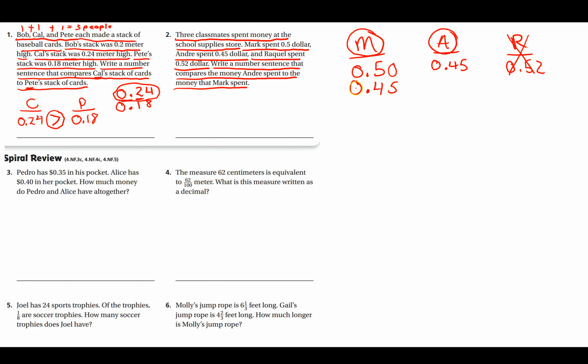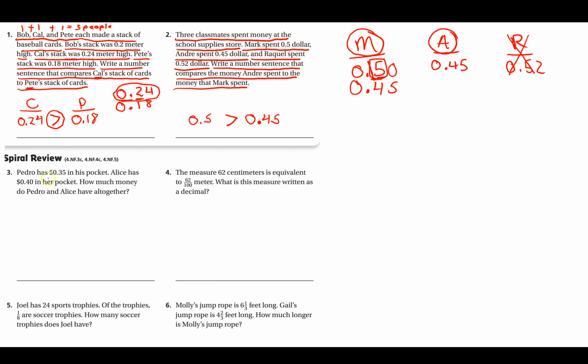Okay, 0 and 0, those are tied, so I have to go to the tenths place. 5 is bigger than 4. So Mark's number, which had the 5 in the tenths place, is the larger number. So 0.5 or 5/10 is greater than 0.45 or 45 hundredths. Okay, so there's my number sentence that compares the two.